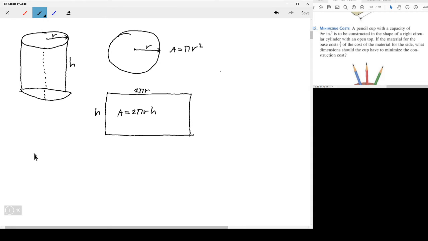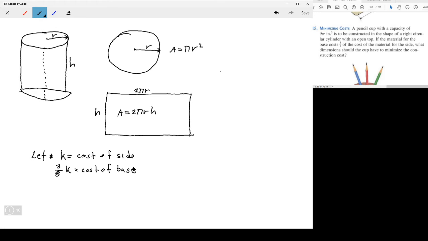So I'm going to let K equal the cost of the side. That means that 3/8 K is the cost of the base. That's what I was missing.